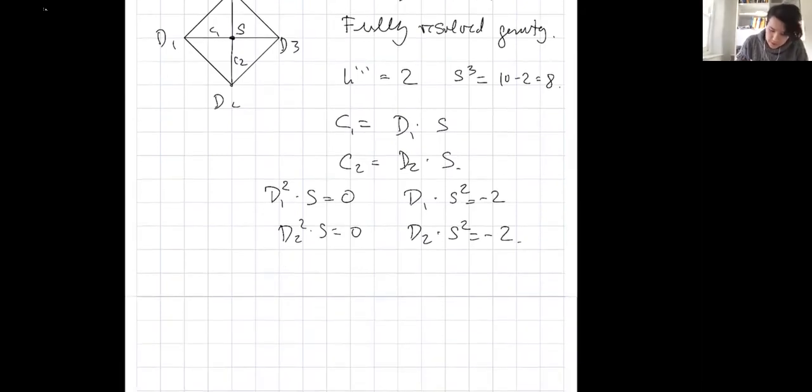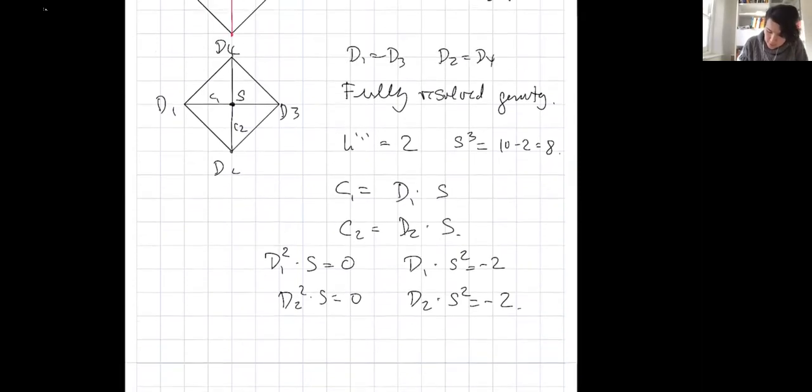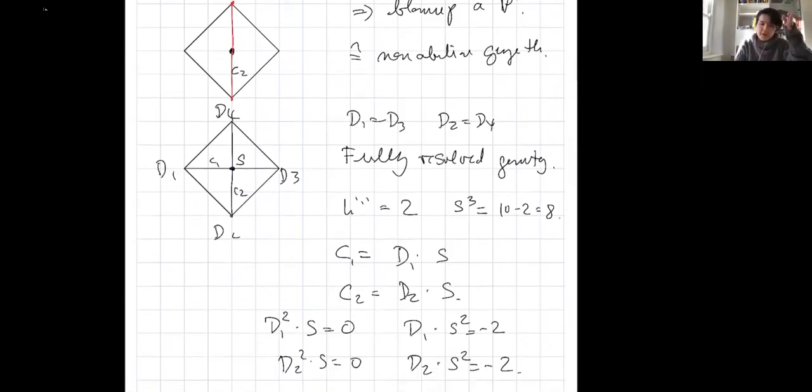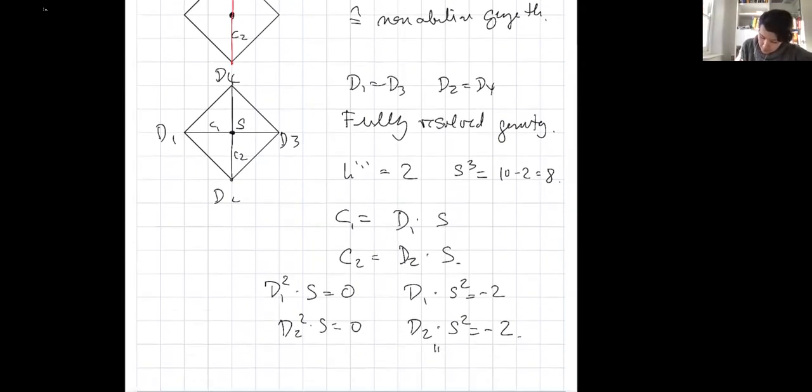So if we introduce C2, C2 is what we called earlier a minus 2, 0 curve, right? So it has exactly this property. You should think of this as C2 dotted with S. So that's exactly a minus 2, 0 curve.